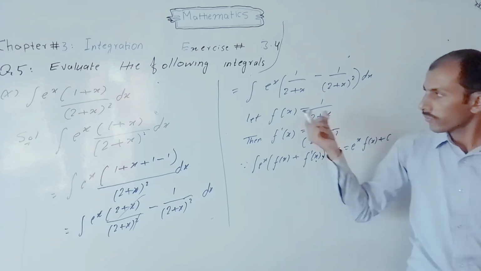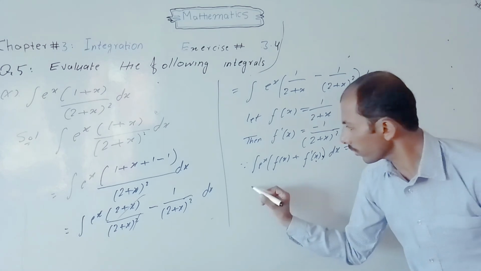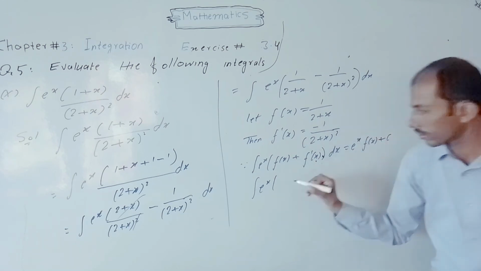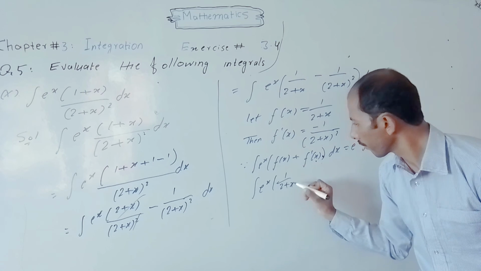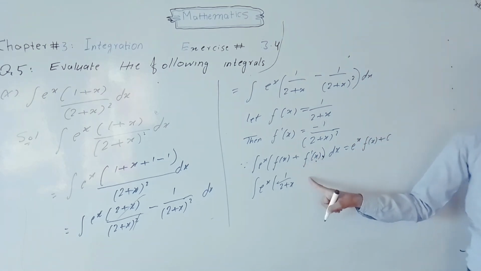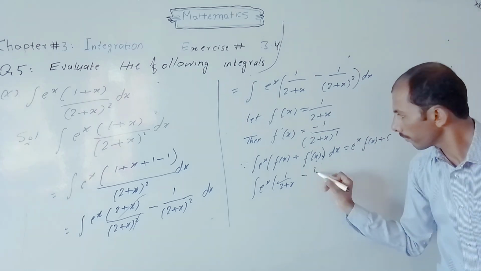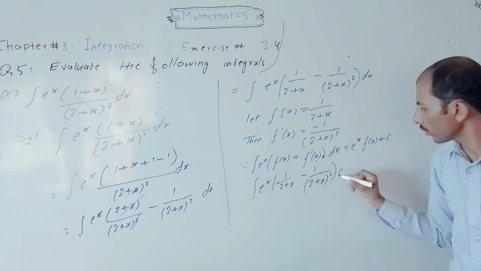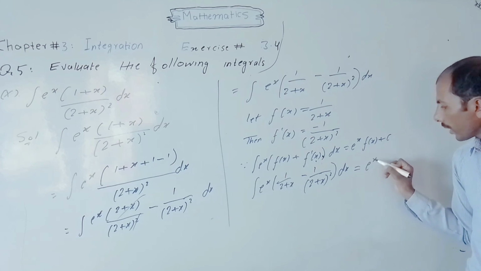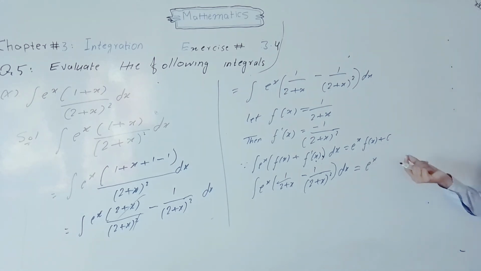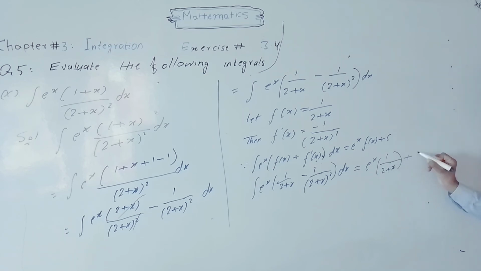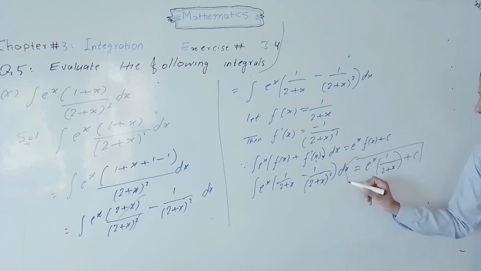By putting the value of f of x and f prime of x, integral e power x into (1 divided by 2 plus x minus 1 divided by (2 plus x) whole square) into dx is equal to e power x into f of x, so f of x is equal to 1 divided by 2 plus x, plus c, which is the required solution.